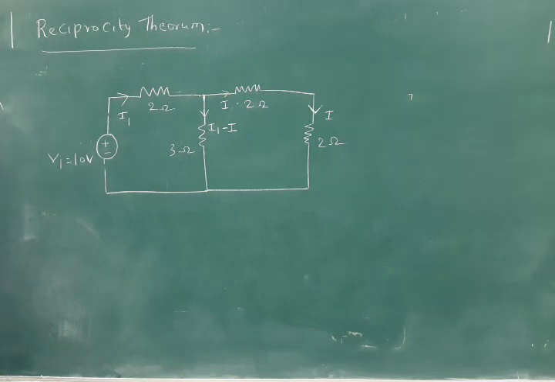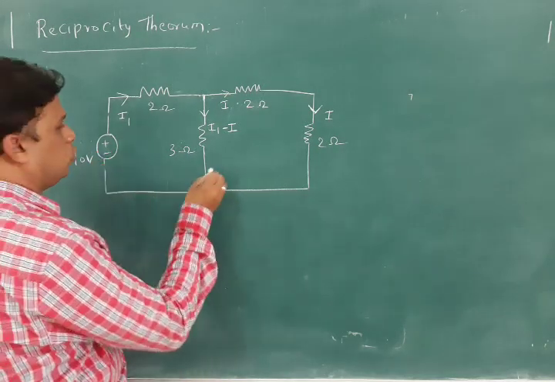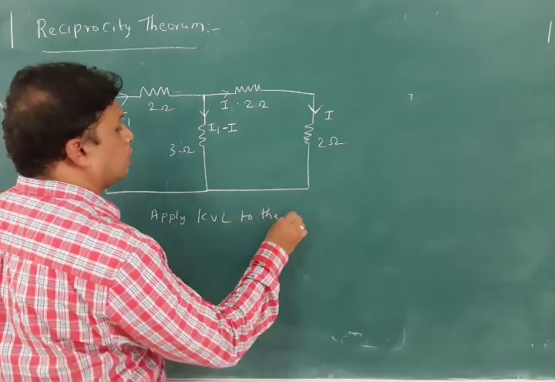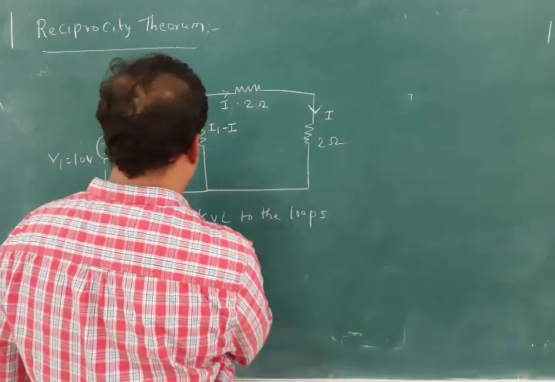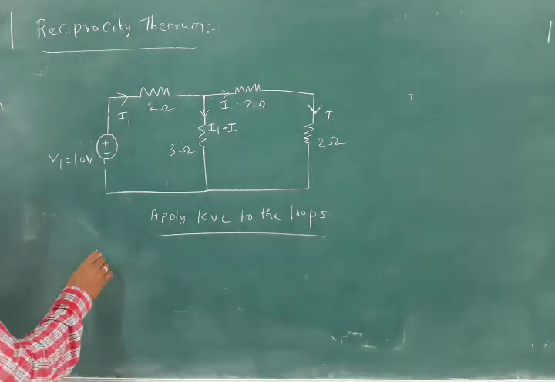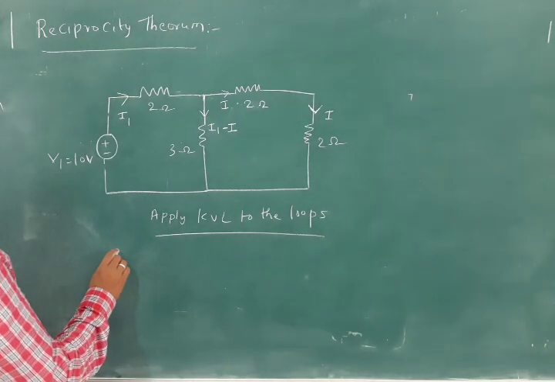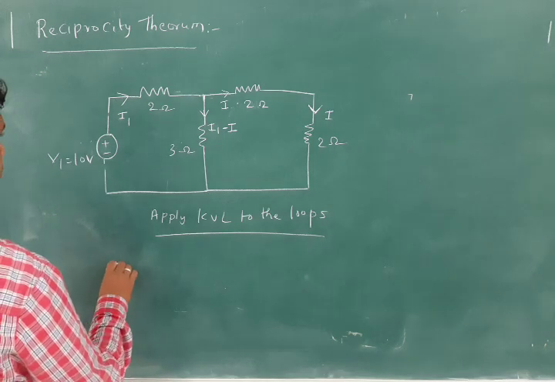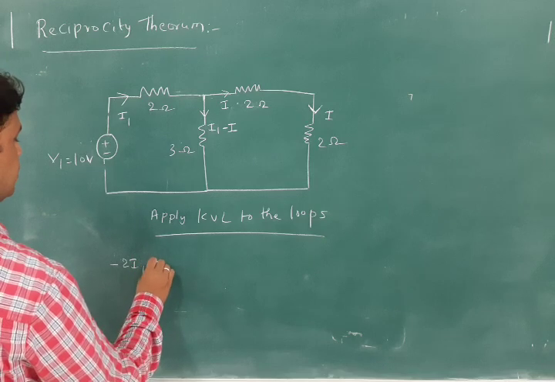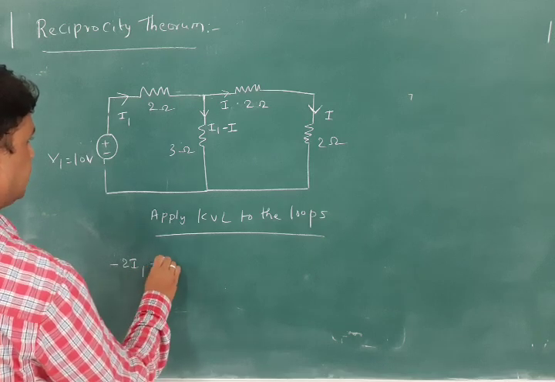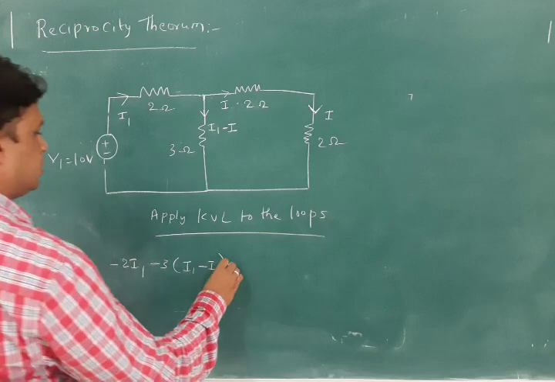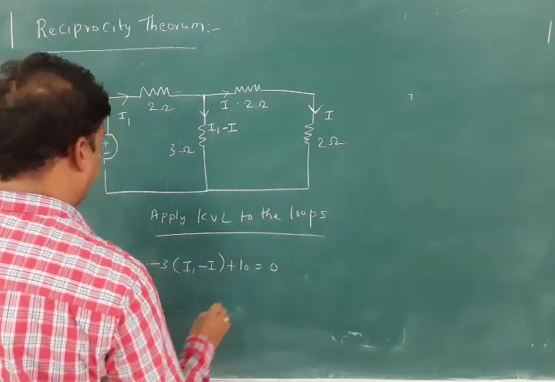Seeing this circuit, if we apply KVL to the two loops, we get the equations. Starting with loop 1: 10 volts minus 2I1 minus 3 into I1 minus I is equal to 0.